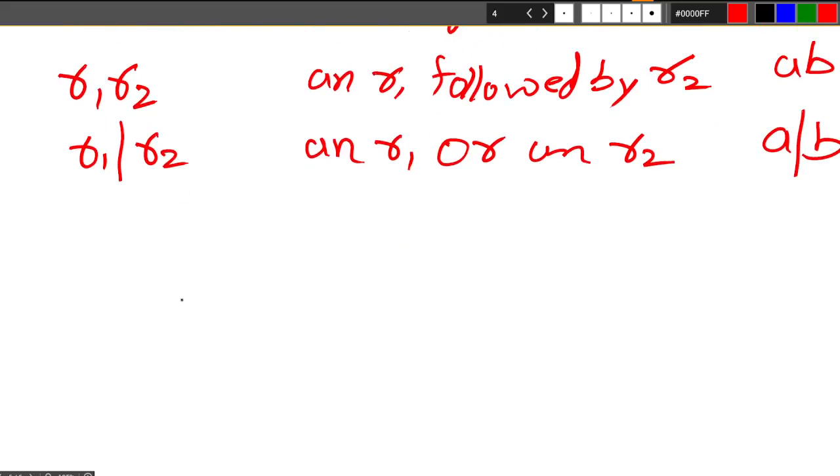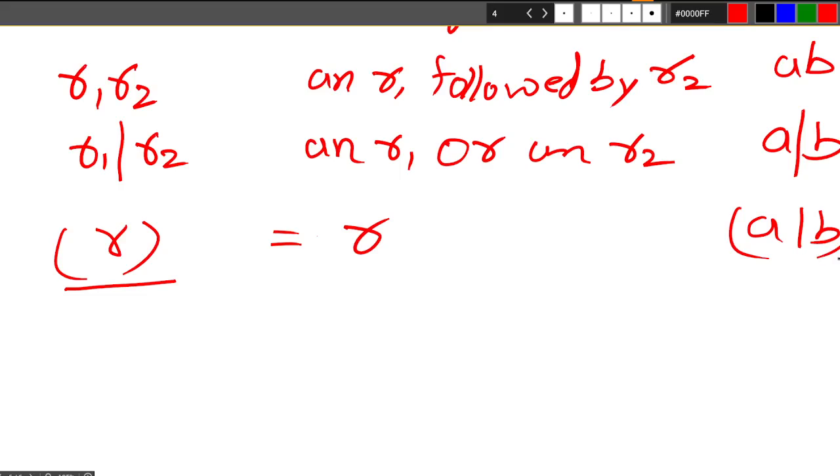If you want to specify R as it is, one regular expression, you can specify like this, or you can specify without the bracket, they both are same. Suppose you want to say A or B, or you keep a bracket, both are same.